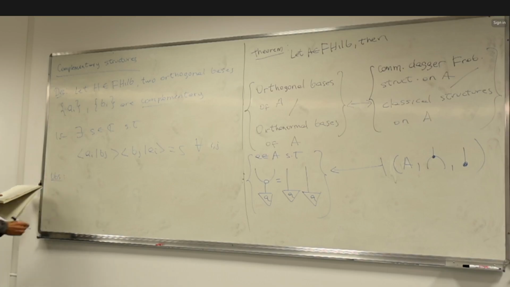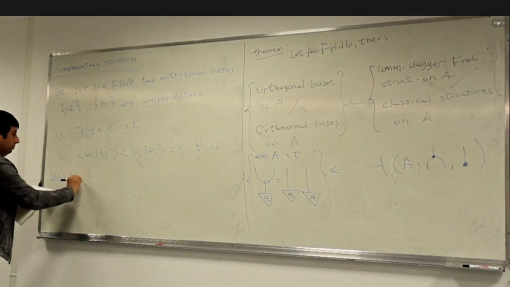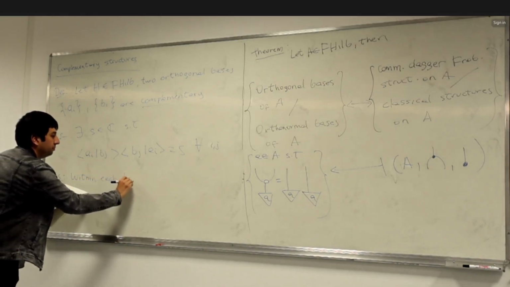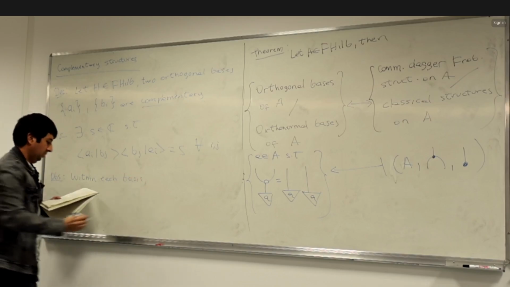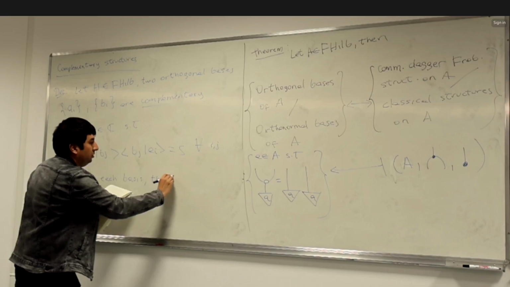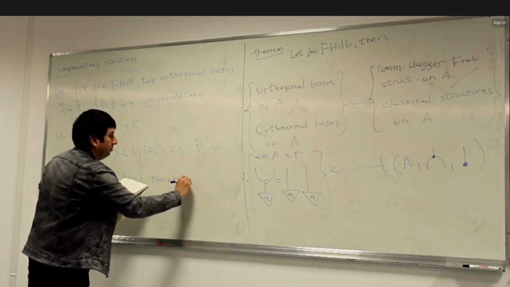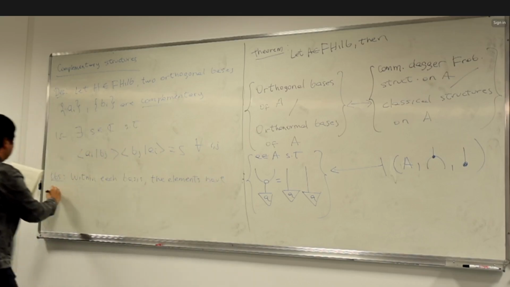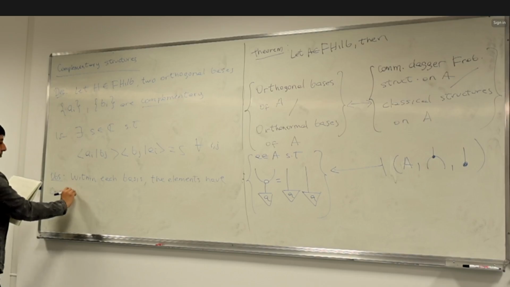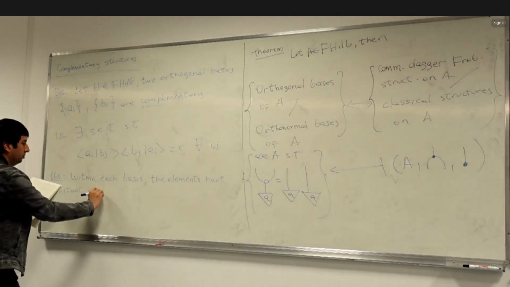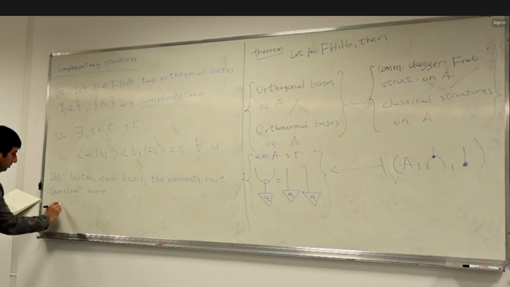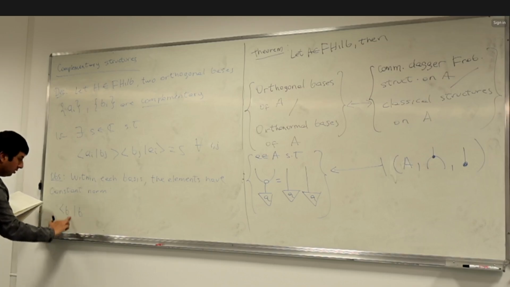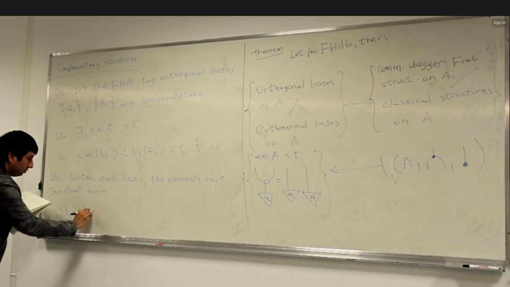An observation: within each basis, the elements of the basis have a constant norm, and this is because thanks to this condition we have the following.